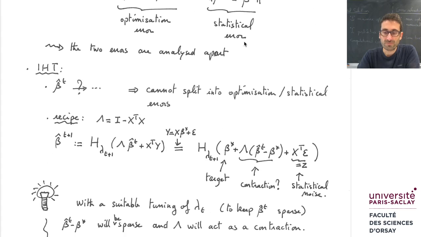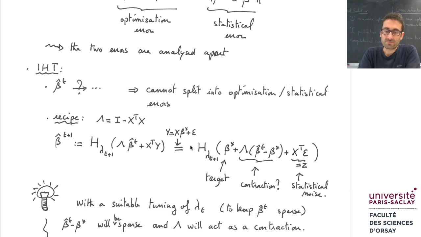So what we obtain is beta star minus Lambda beta star, here we have the capital Lambda beta hat t, plus X transpose epsilon, which is the last term.